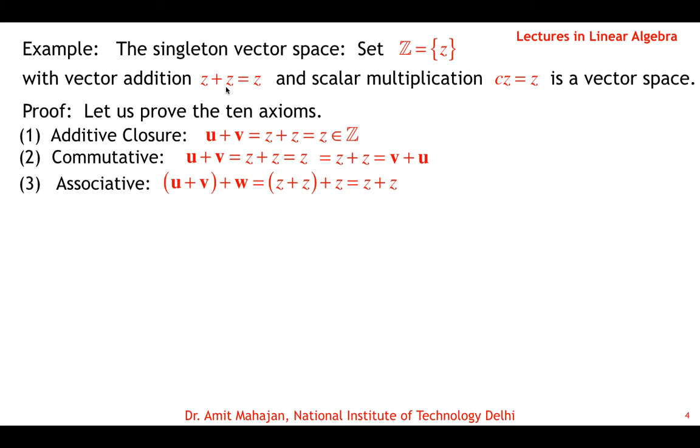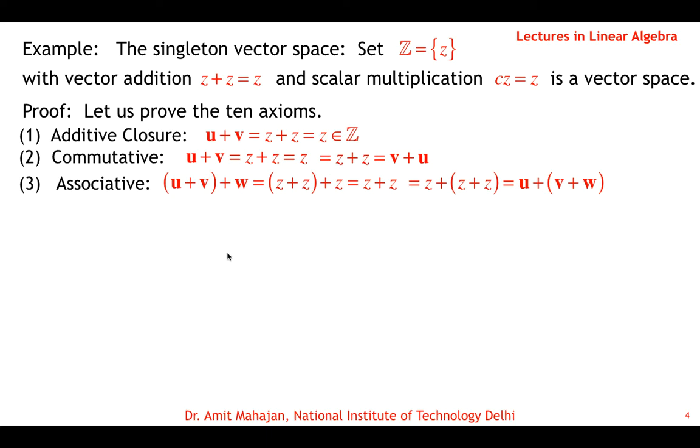Again we can use the same property, that z plus z is z, or we can use it on the second element backward, so this z can be written as z plus z. So we can rewrite this with the first element as z and the second element written backward as z plus z, and so the first is u and the second and third are v and w, so associativity is proved.